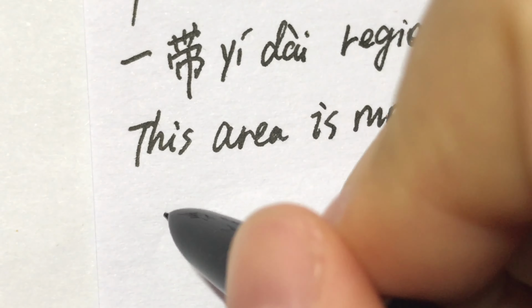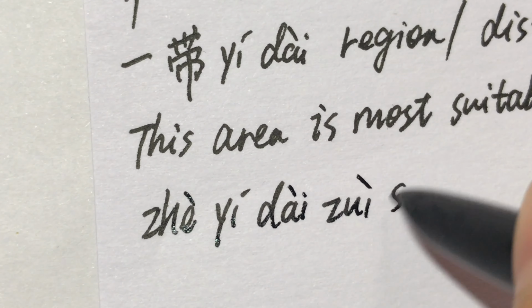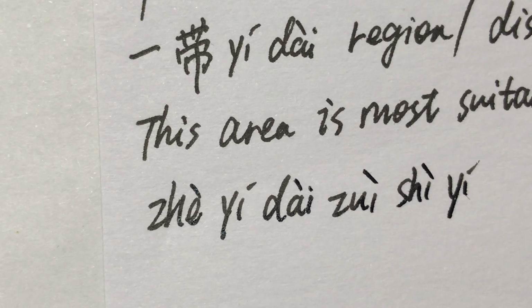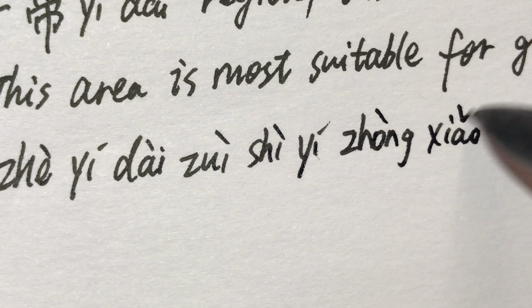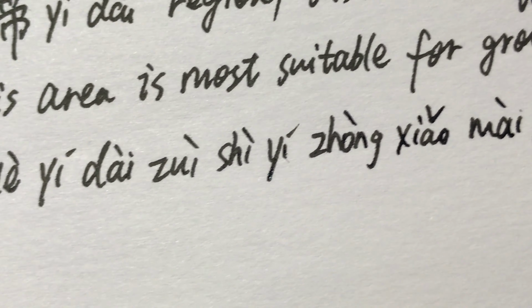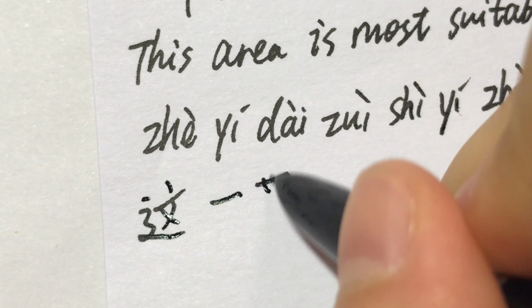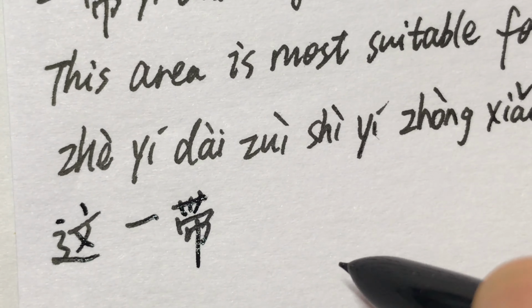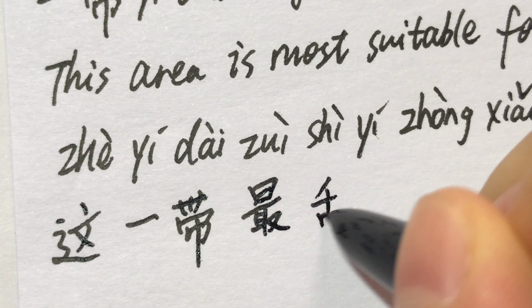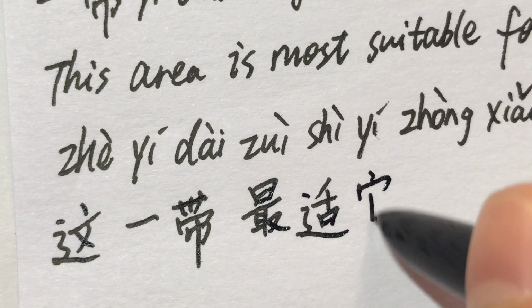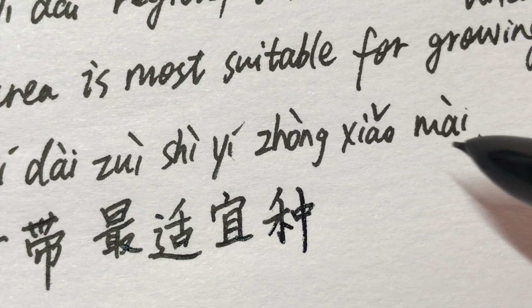这一带最适宜种小麦。This area 这一带, most suitable 最适宜种小麦, growing wheat.